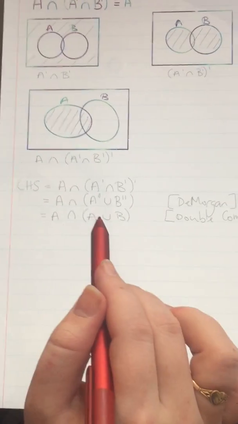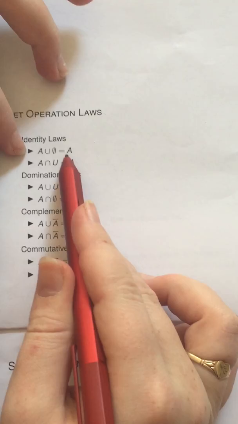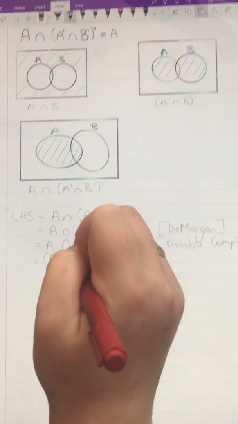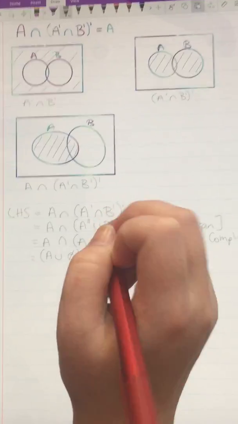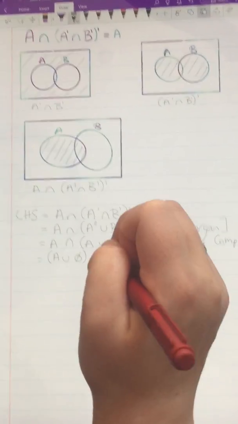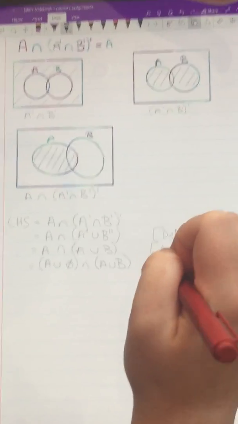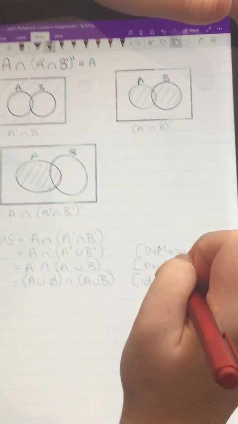So you need to have it as a union of something, which is A union the null set. So that is (A ∪ ∅) ∩ (A ∪ B), which is the identity.